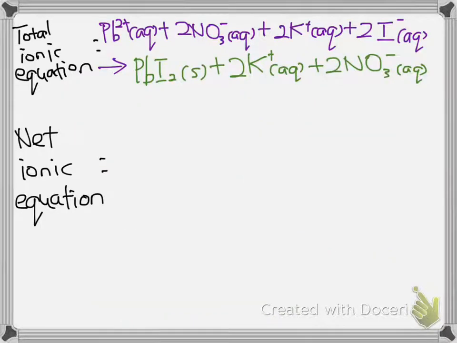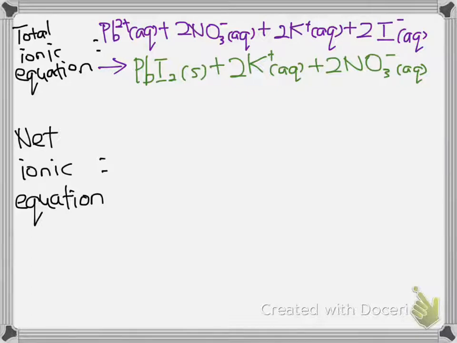Therefore, with the total ionic equation, we will first have to identify the spectator ions, because they do not participate in the reaction, they do not react. Before and after the reaction, they remain the same. Therefore, they are to be ignored and cancelled out from the total ionic equation, so that we can actually see what is actually going on in this chemical reaction.